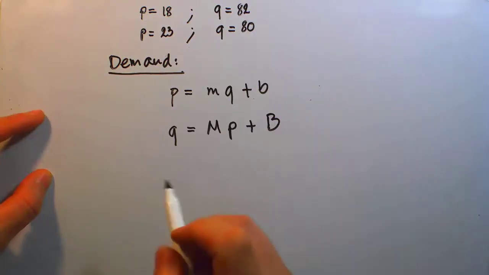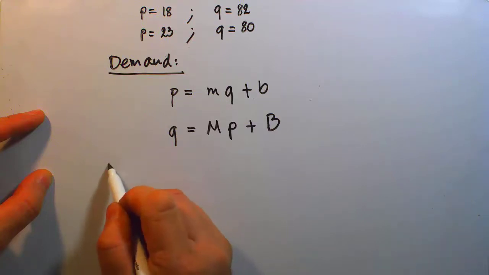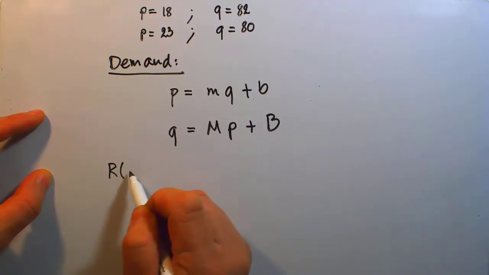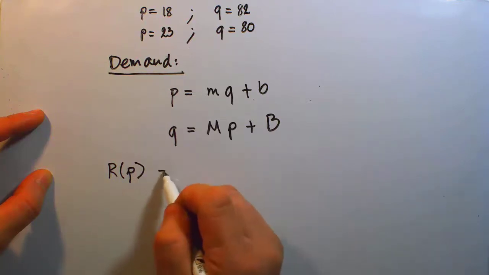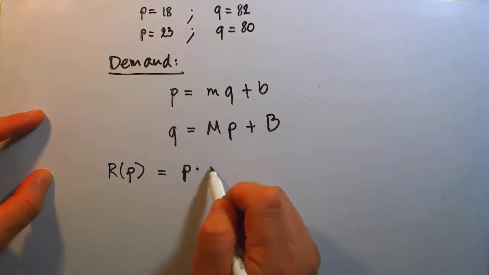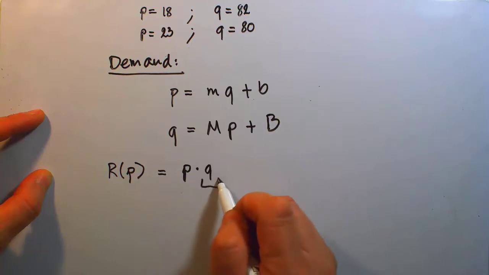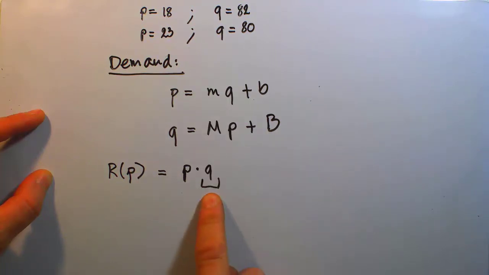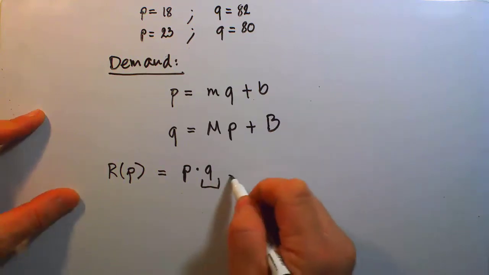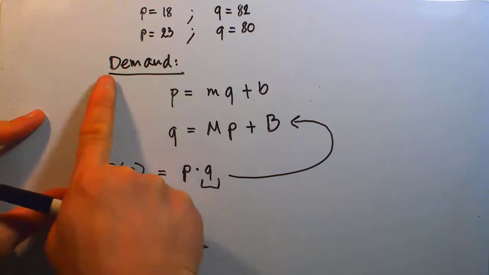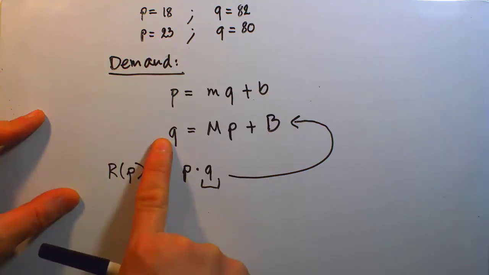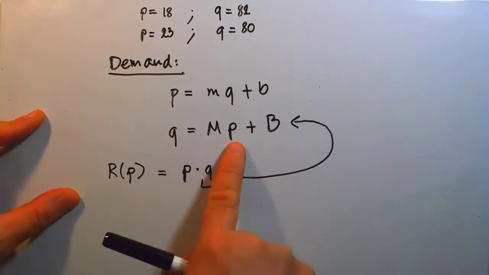Making that connection with our goal earlier, we want our final revenue function to be in terms of P. And revenue is already P times Q. So I want to find a way to substitute this Q with some expression involving P. In that way, I need to derive my demand equation as a function, Q in terms of the P variable.